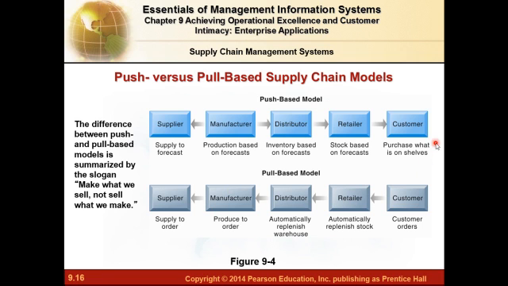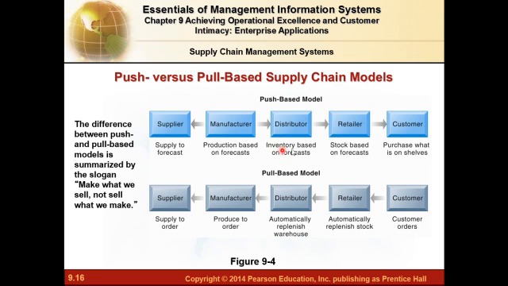This is the manufacturer, production based on forecast. The manufacturer is linked to the supplier. Because the production is based on forecast, the supplier also supplies on forecast. Then the manufacturer produces the product and it goes to the distributor.